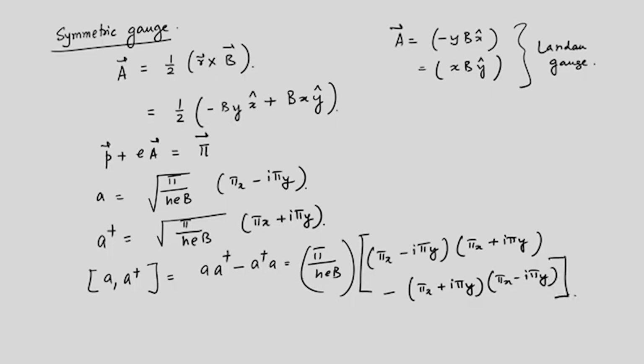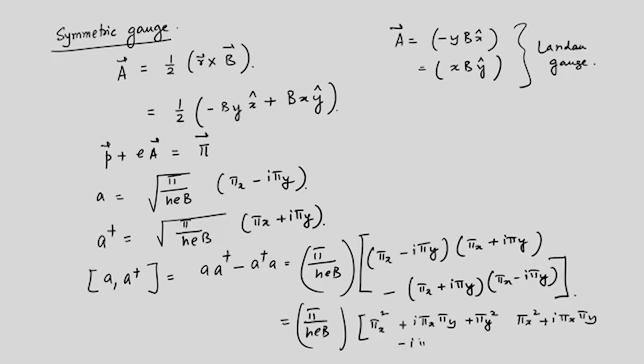All right. So this is something that one has to calculate, and let us do that quickly. It's 1 over ħeB, and so this is pi x squared plus i pi x pi y minus i pi y pi x plus pi y squared, minus pi x squared plus i pi x pi y minus i pi y pi x and pi y squared, and so on.